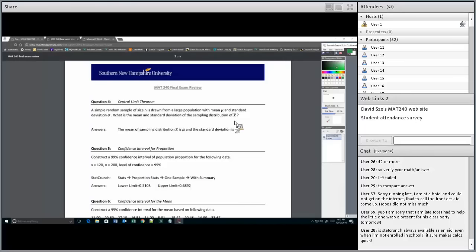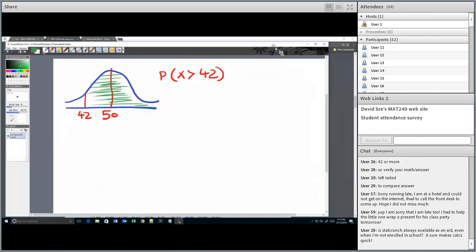So again, I'm not going to go too much into the details, but if you recall, I had said that you have a large population where you have a mean mu and standard deviation sigma. You don't know this mean and you don't know the sigma, but what you do is you take samples. This is the first sample, second sample, and you keep taking this many, many times.